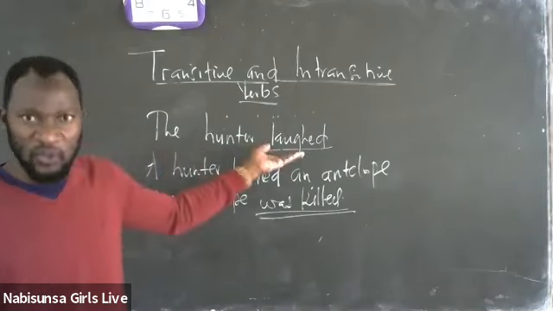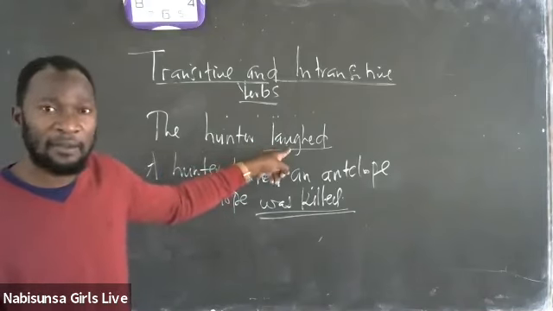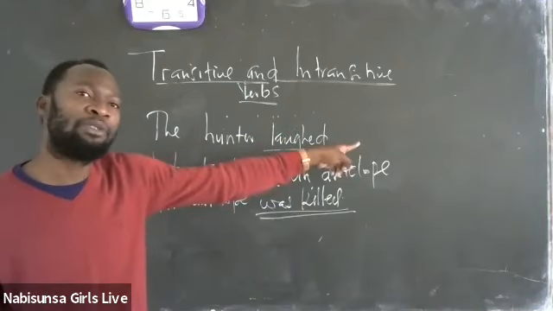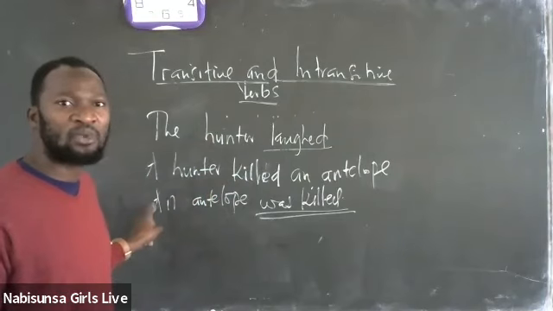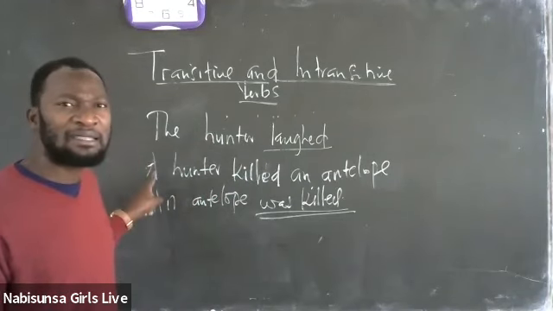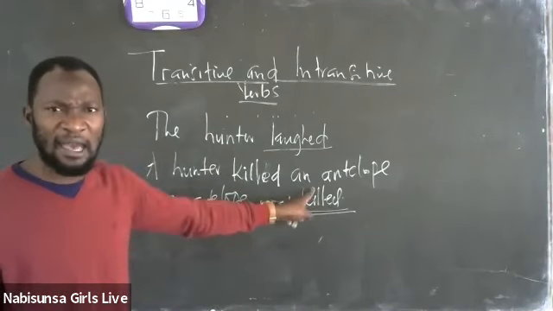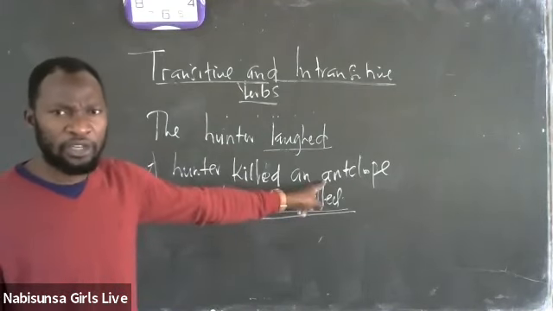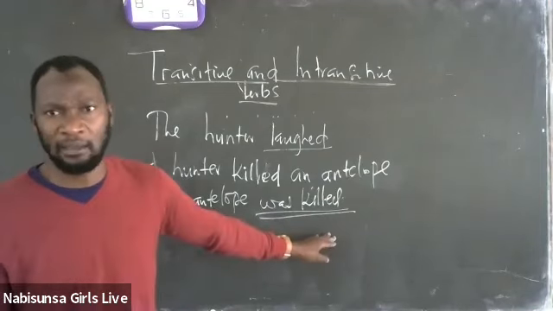So this sentence here is complete. Why? This verb here is intransitive. It does not require an object to make the sentence complete. But when we look at this one here, it is a transitive verb, killed, that has an object here. Which object we are using in the passive voice: an antelope was killed.